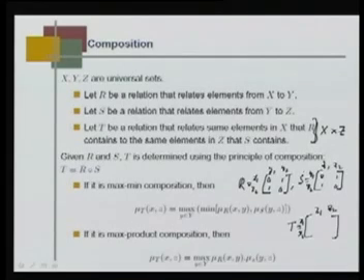So, this row you put parallel to this column, over y1 and y2, and then 0 0, the minimum is 0, mu R(x, y) is 0 and mu S(y, z) is 0.